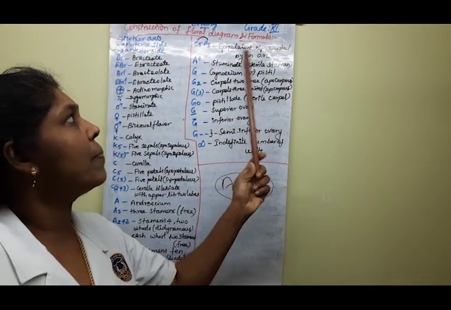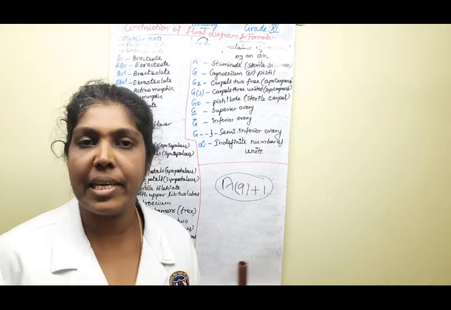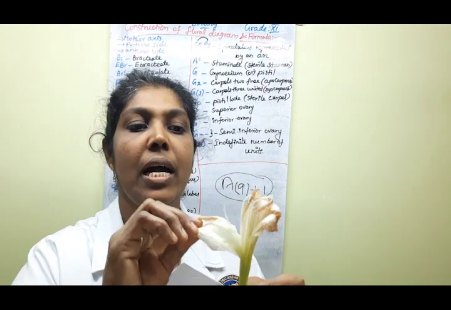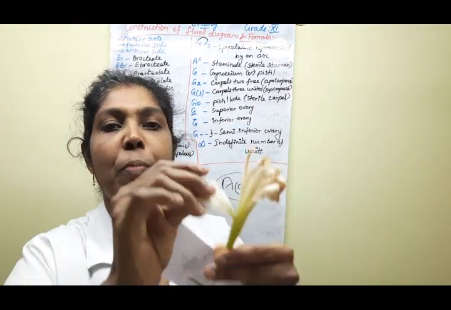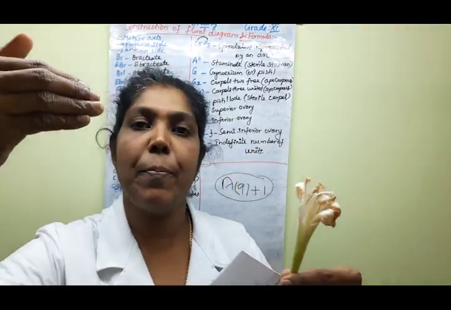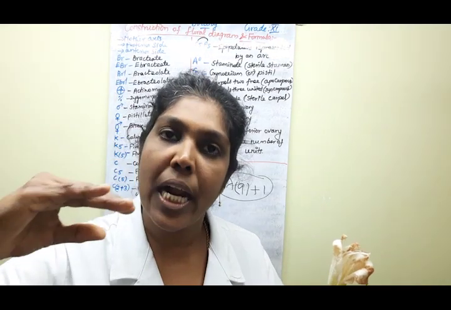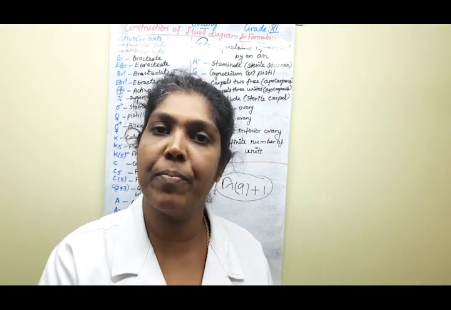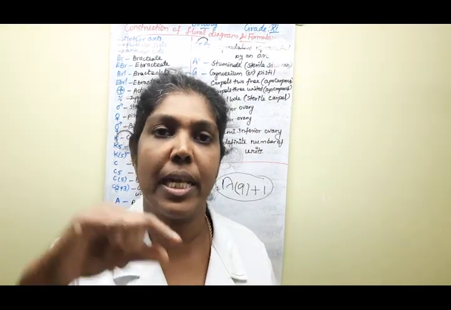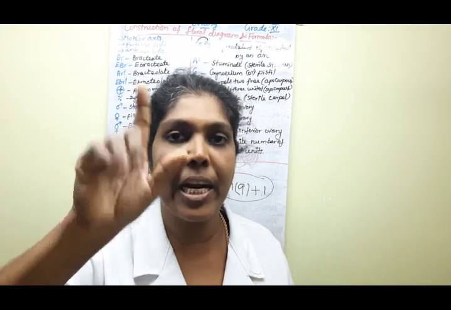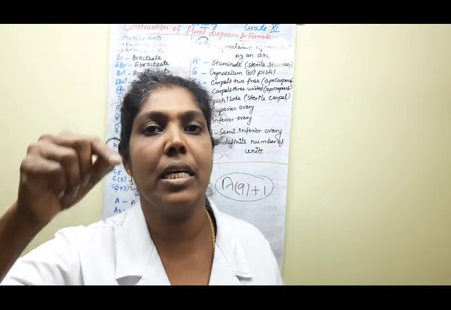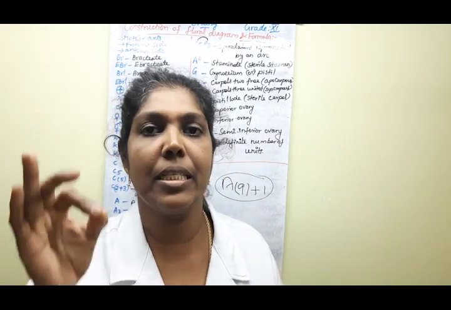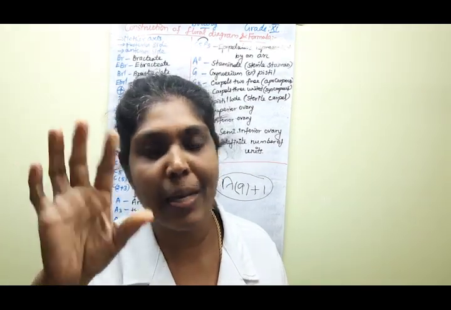The final one is epipetalous stamens, their representation. As I already said, in some flowers the stamens attach to the petal region. In some cases, the stamens attach to the sepal part.